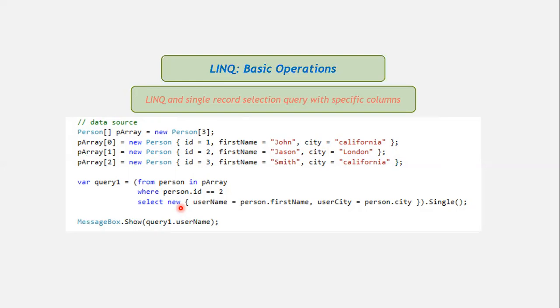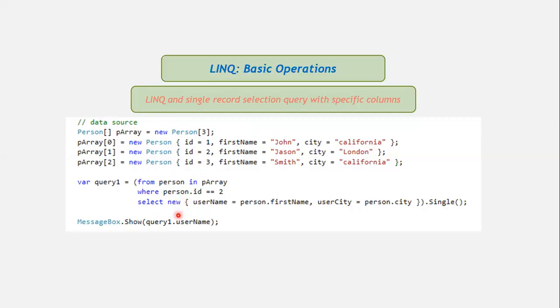Okay, during that time we studied this concept. So why are we saying that we are using the anonymous type concept here? Because we haven't used the name of any class.